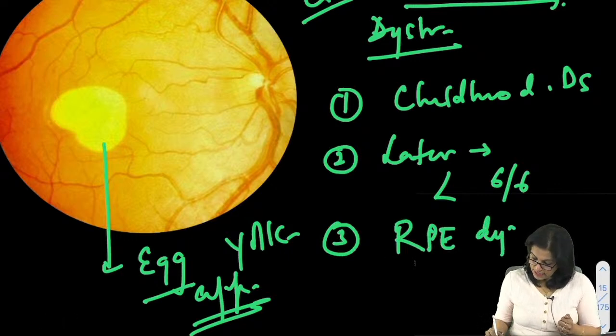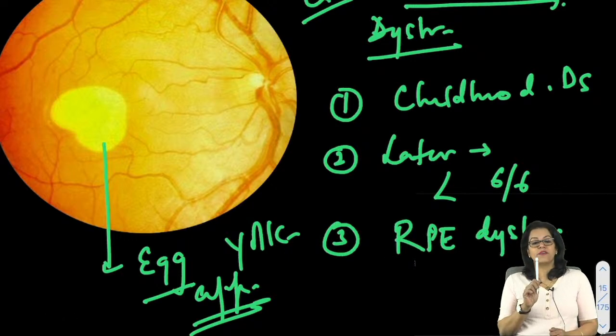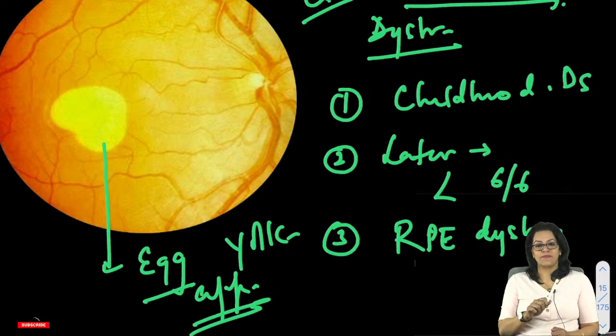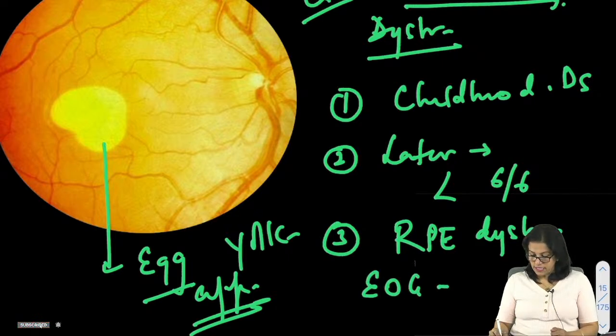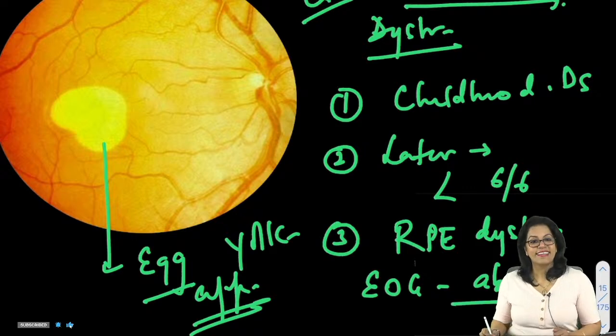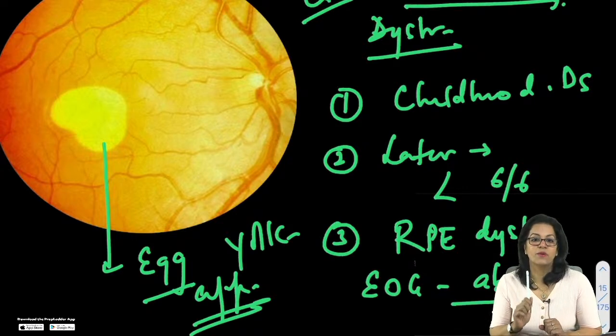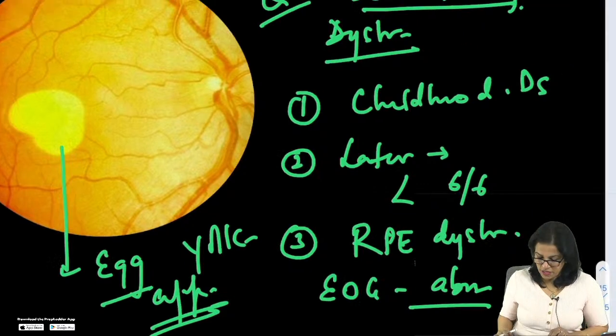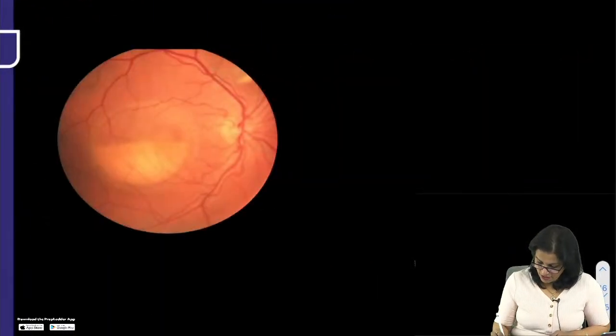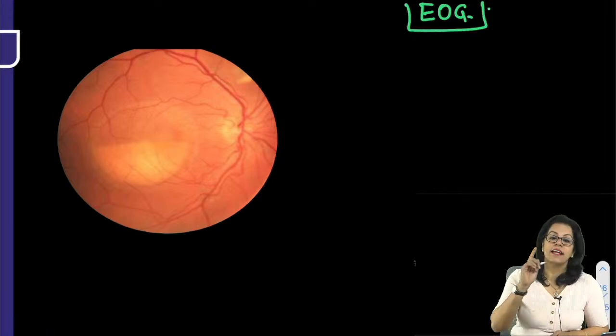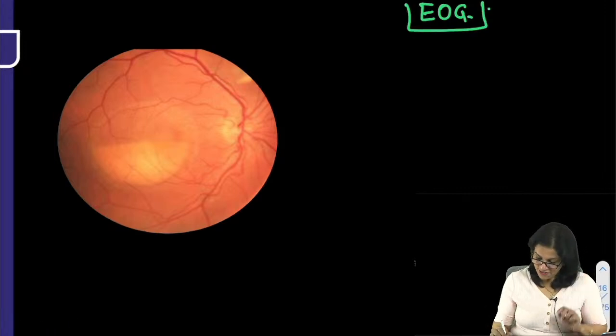Please remember this. Whenever there is an RPE dystrophy, the very important investigation we talk about is electrooculogram. So electrooculogram is abnormal in Best disease. Questions of your exam. Number one question, EOG, how do you depict? What is Arden ratio? A quick revision here, all of you. First, EOG is electrooculogram. What is that? It tells the standing potential of your eye. This much is enough for the revision.